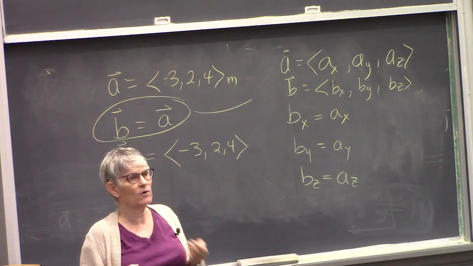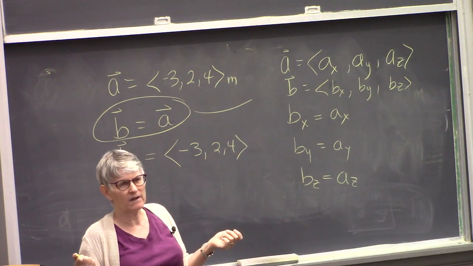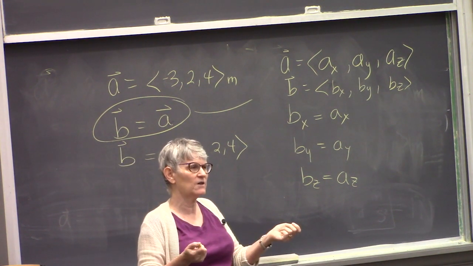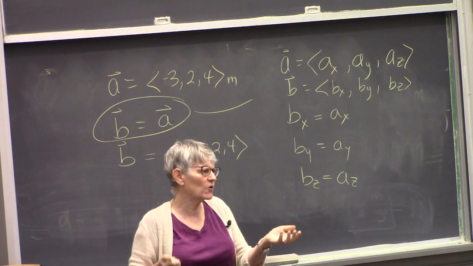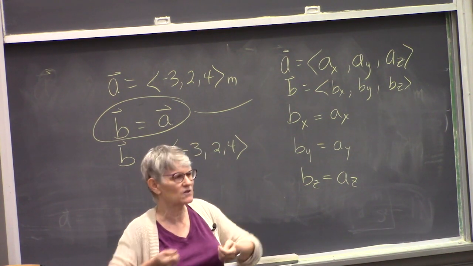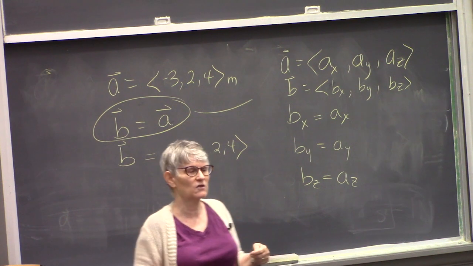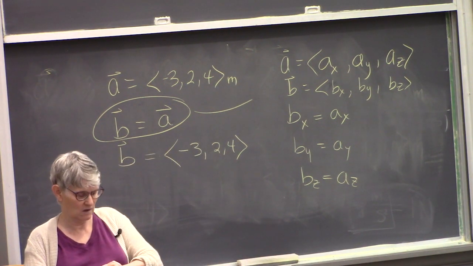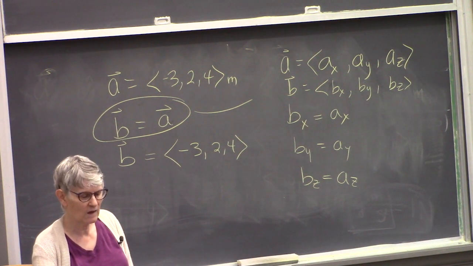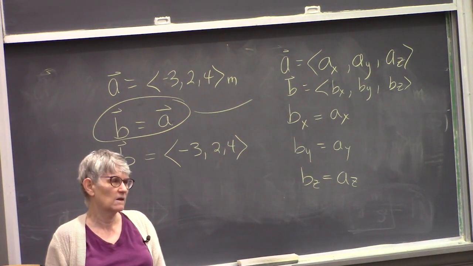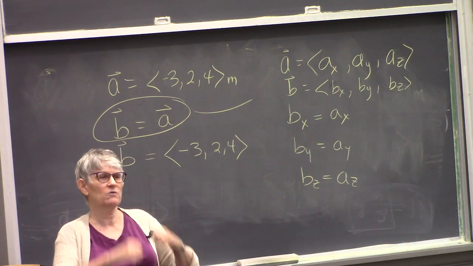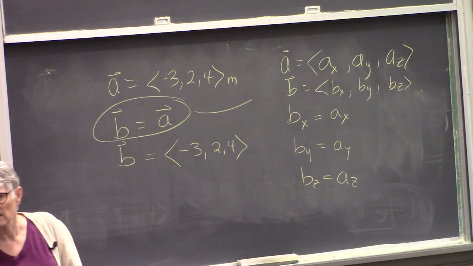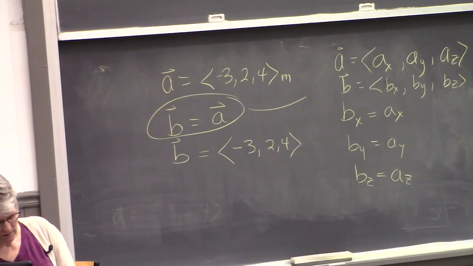This is going to be really important because if we're talking about interactions of objects, and we're talking about forces which have magnitudes and directions and velocities which have magnitudes and directions, then one vector being equal to another vector means that all the components are equal, the magnitudes are equal, and the directions are equal. Super important.